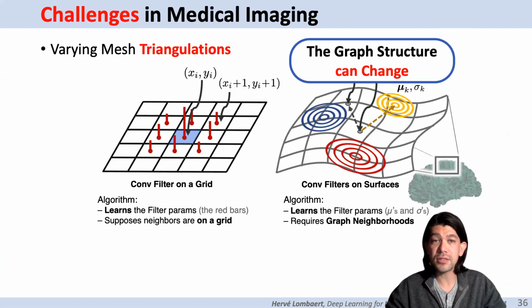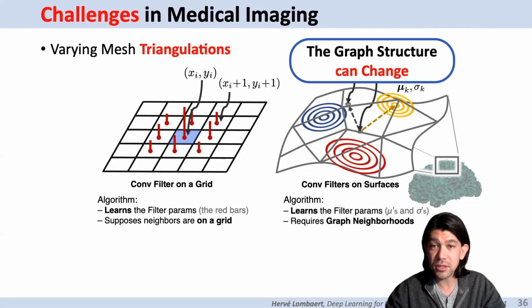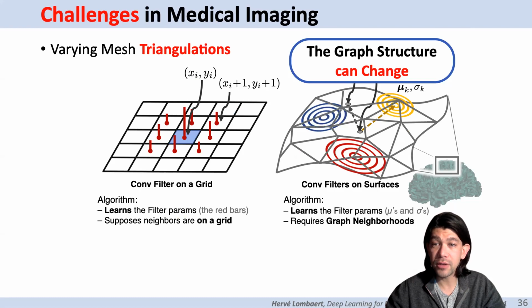Another aspect is the graph structure. You don't necessarily have a nice quadrilateral grid, for example, on the triangulated surface. You may have a different graph structure here. So how do you define a coordinate on something that really changes structure? That's not easy.